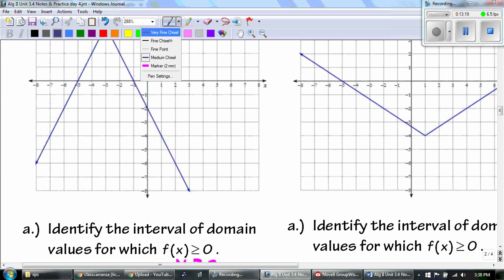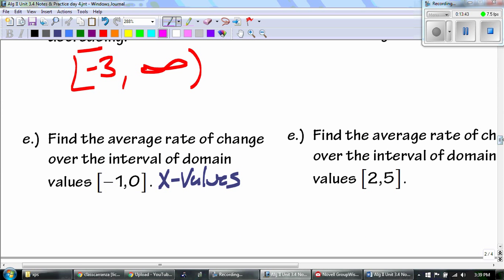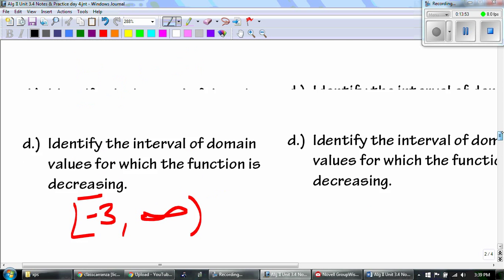So at -1, I'm here, and at 0, we're here. In my directions, I would be going down 2 and then to the right 1. So between -1 and 0, we're going down 2 over 1, or -2.